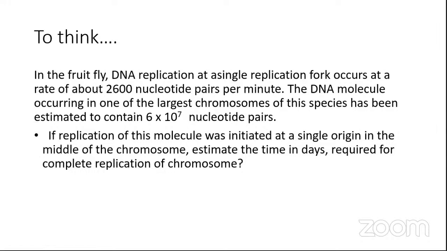If this replication is initiated at a single origin, that is, it has only one replication fork, which is around the middle of the chromosome, but you have nothing to do with the middle of the chromosome.